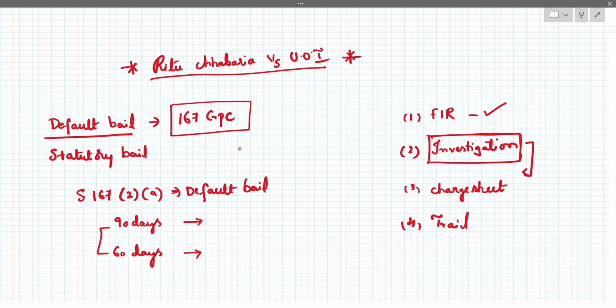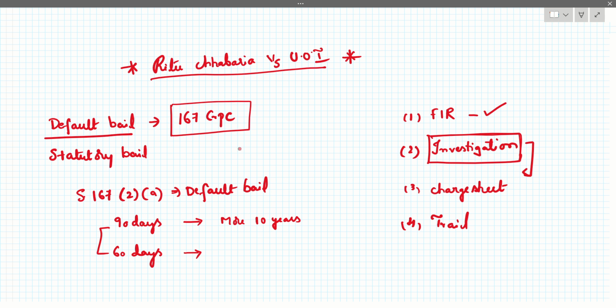The magistrate can authorize 90 days of custody during investigation if the accused has committed an offense for which the punishment is more than 10 years. For example, if a person committed a murder, the punishment is more than 10 years, we know life imprisonment, death sentence, etc.